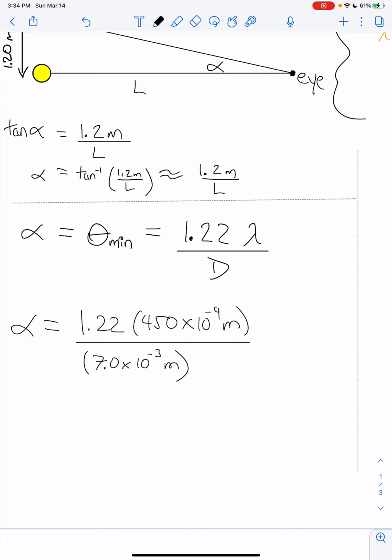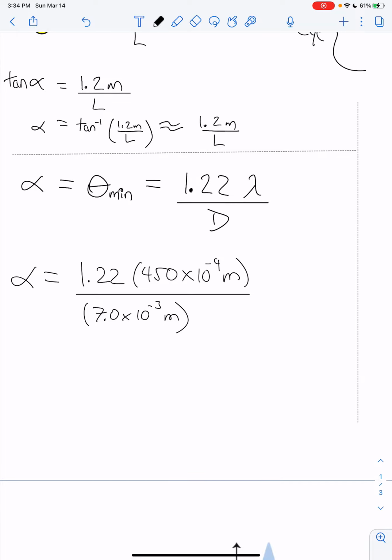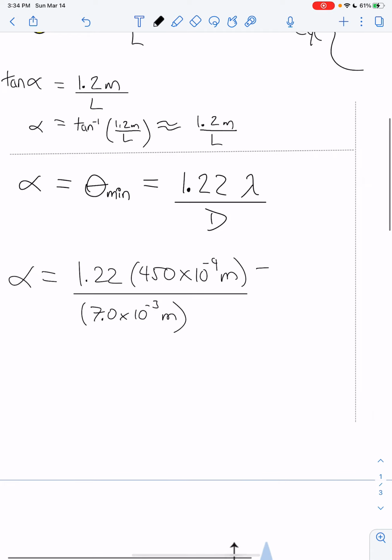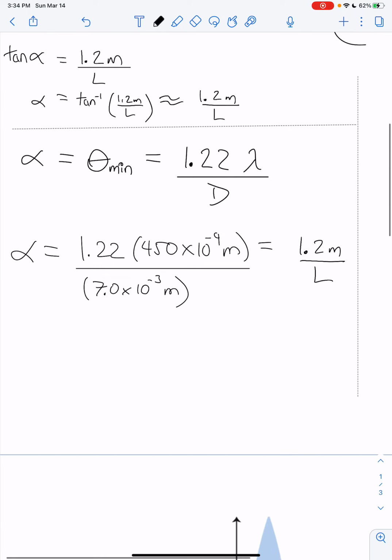We can do this both ways to show that's true. So our alpha value is equal to 1.2 meters over L. Now let's isolate L and get our distance away.